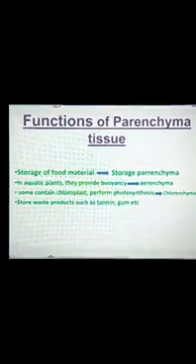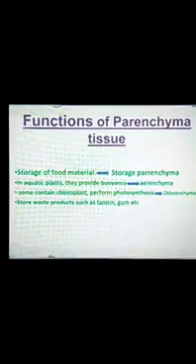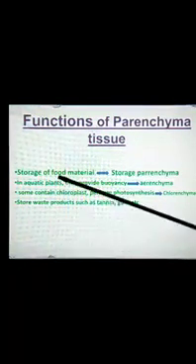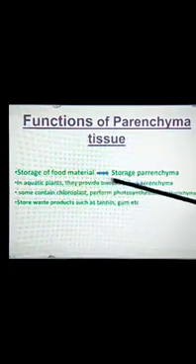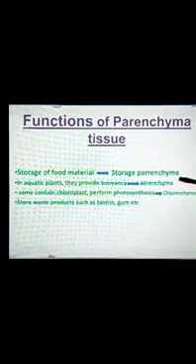Now the next is the functions of parenchyma tissue. We know that plants manufacture their own food and some amount of food gets stored in their body. Parenchyma is the tissue which shows the function of storage of organic substances like proteins and carbohydrates, and such parenchyma tissues which show the function of storage of food material are called storage parenchyma.